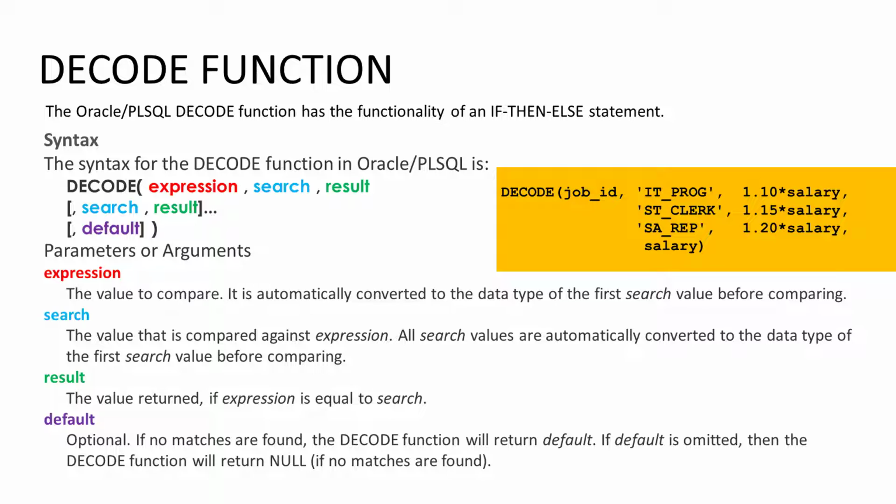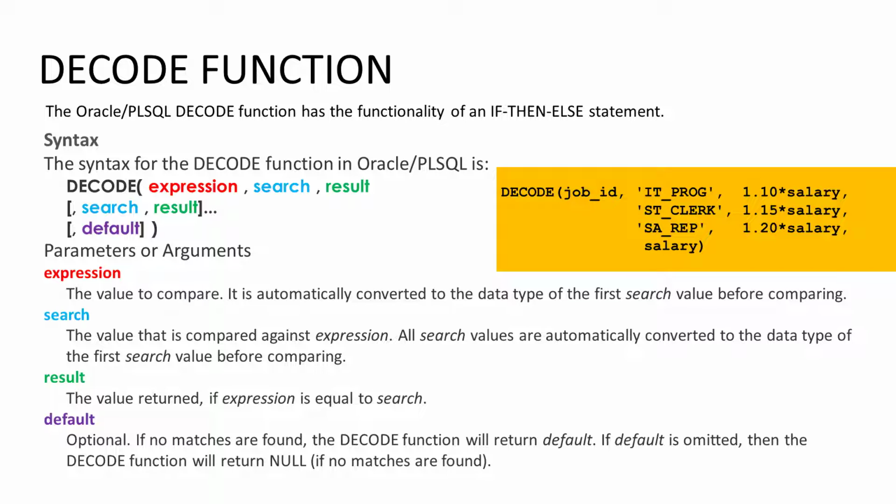So expression here is the value to compare, and it is automatically converted to the data type of the first search value before comparing. Here after decode we write the job ID, so we can say job ID here is the expression, and in search, the value that is compared against expression is IT programmer or store clerk or sales representative. All these are search values, and after each search there is a result.